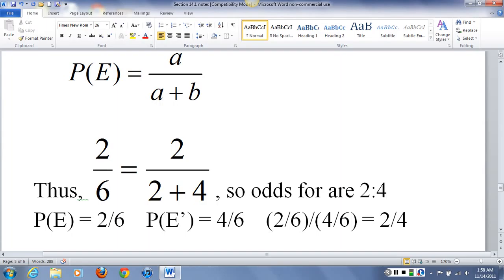And we interpret that as 2 to 4, or written out, 2 to 4 are our odds for this event. The way I showed you here is a little shortcut you can also use. The general rule is whatever this numerator is, the A, 2, what do I have to add to that to get my denominator? So in other words, what would I add to 2 to get the 6? 4. So the odds are 2 to 4.